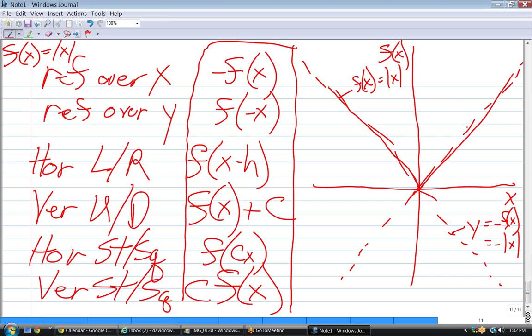Well, this function here, the dotted line, is f of minus x, this right here, which in this case means what? What does f of minus x mean? What does it mean when I have something other than x in the parentheses? What do I do with it? Replace x with it.